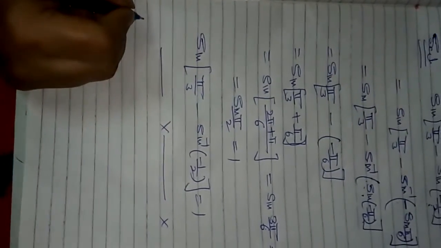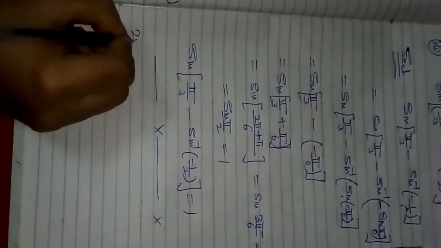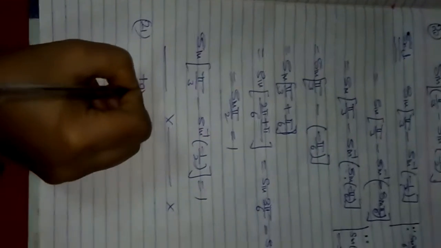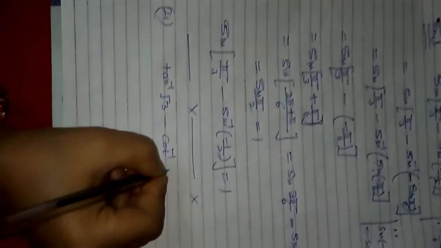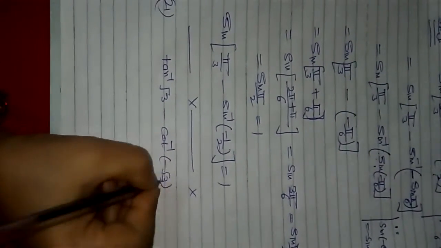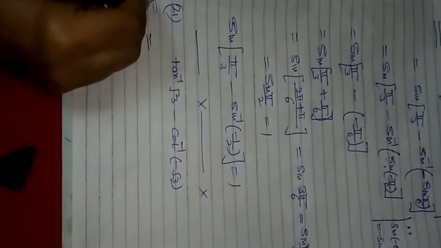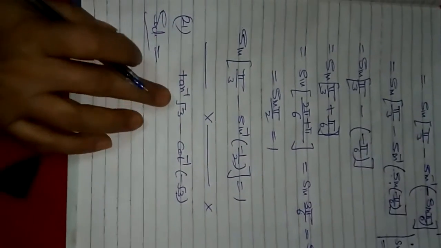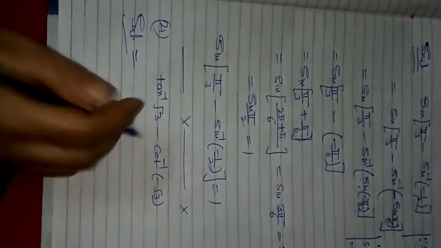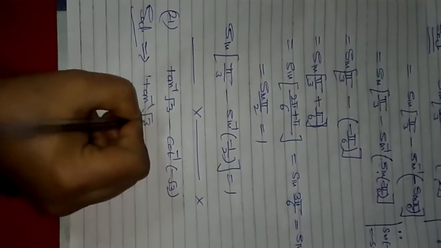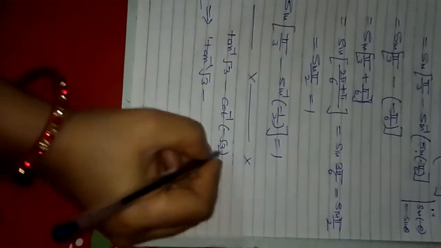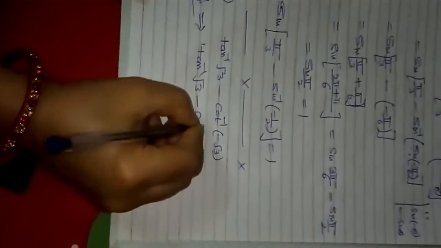Now let us start question number 21. Question number 21 is tan inverse root 3 minus cot inverse of minus root 3. Now let us start the solution. Tan inverse root 3 as it is, minus cot inverse of minus root 3.